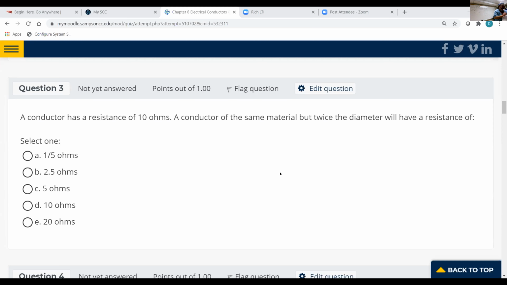The resistance is going to go down to a quarter of what it was. Your circular mils is going to go up times 4, but because the circular mils is on the bottom end of that formula, that 10 ohms is going to be divided by 4. Does that make sense? Exactly.